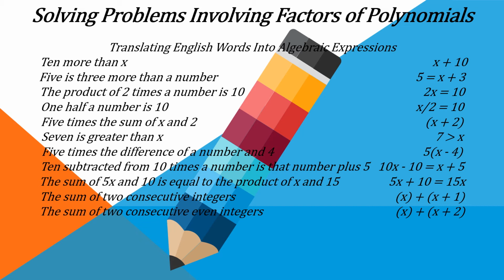So the sum of two consecutive even integers means x plus the quantity x plus 2. The sum of two consecutive odd integers, the same as consecutive even integers, odd integers have a difference of 2. So if we have the first integer as x, the second odd integer is x plus 2.